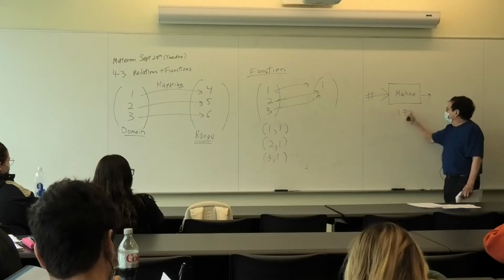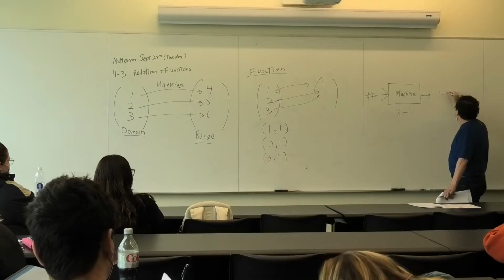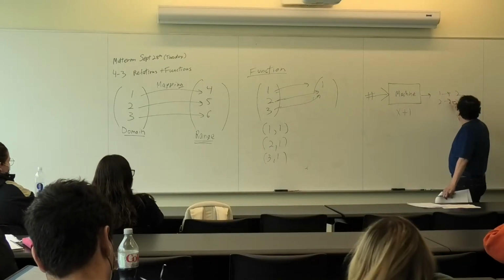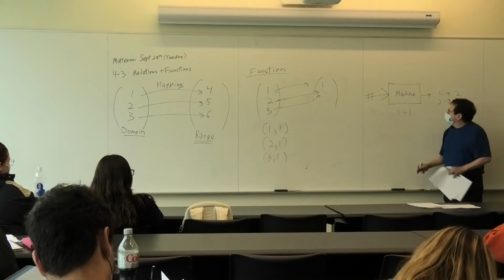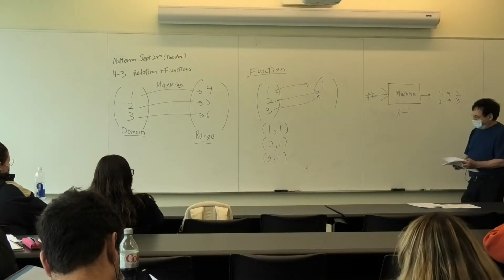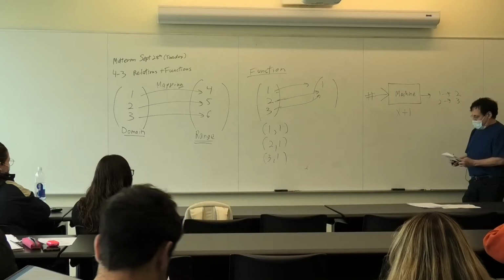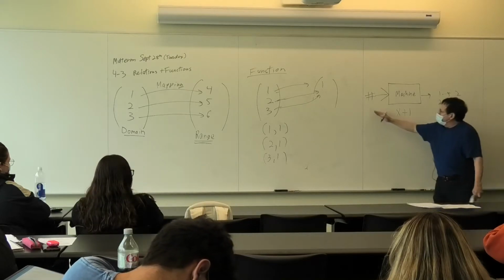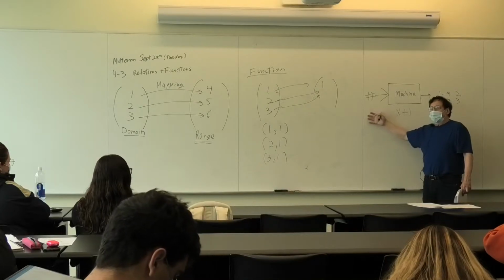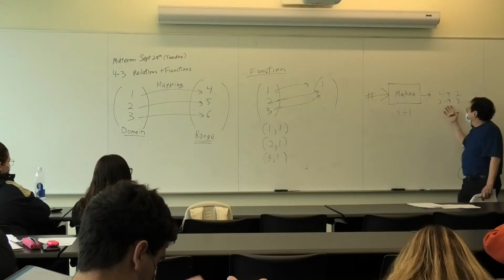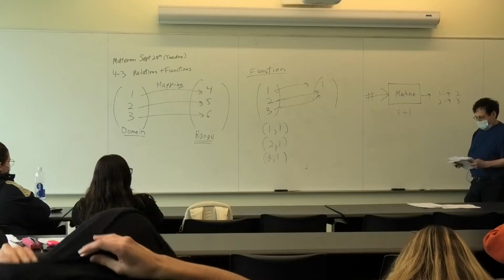So if we put in 1, we get 2, right? If we put in 2, we get 3, so forth. Or some other complicated formula. Again, the things we can input are called the domain, and the things that we get out are called the range.